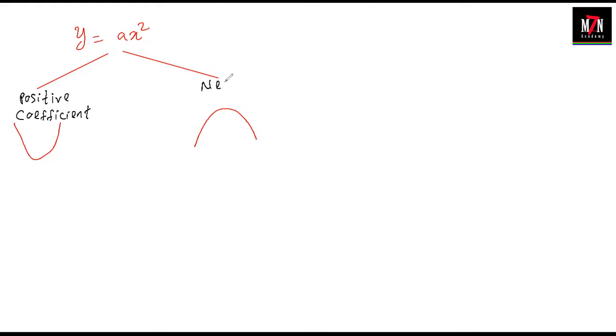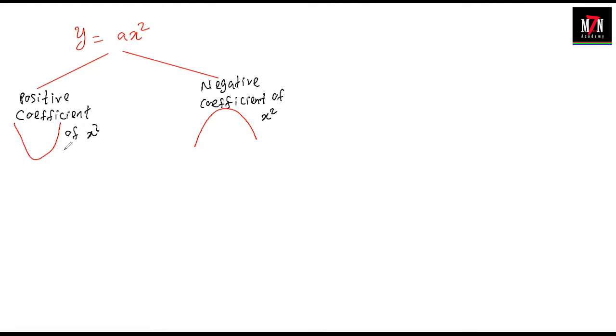And the next one with the negative coefficient of x squared. Here you must write ax squared. So when we have a negative coefficient of x squared, that is a maximum curve, and when we have a positive coefficient of x squared, that is a minimum curve. Right? So the shape will be like this.